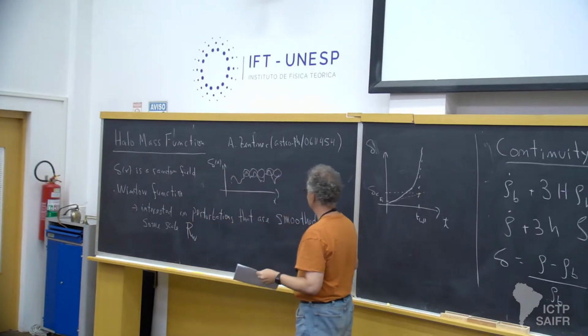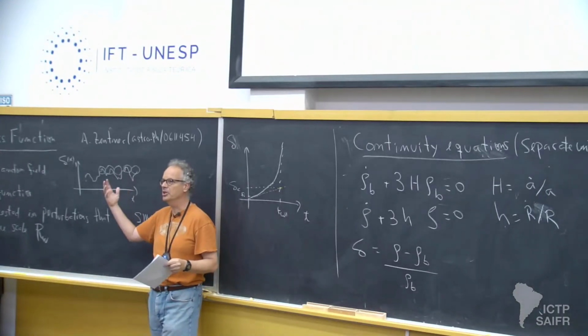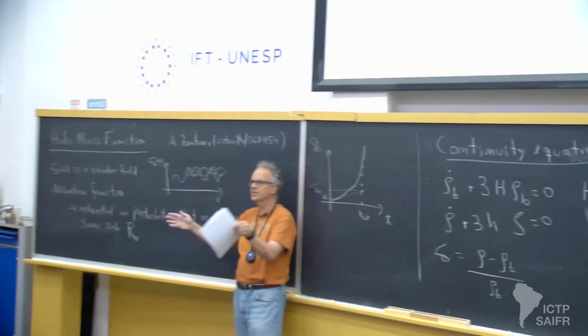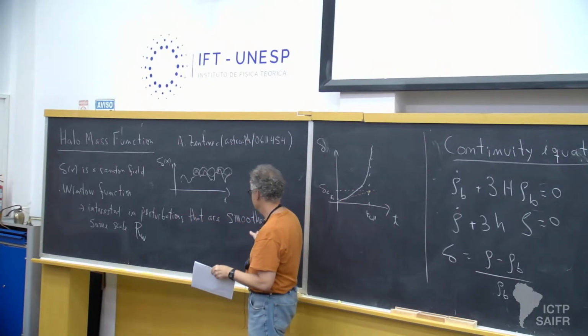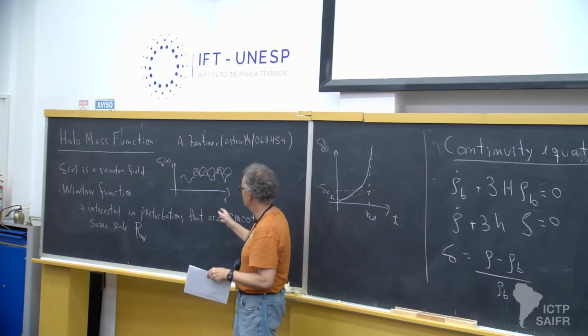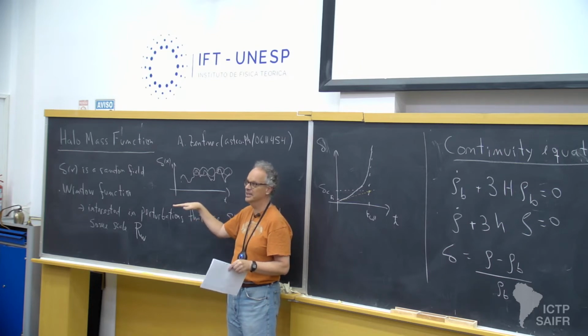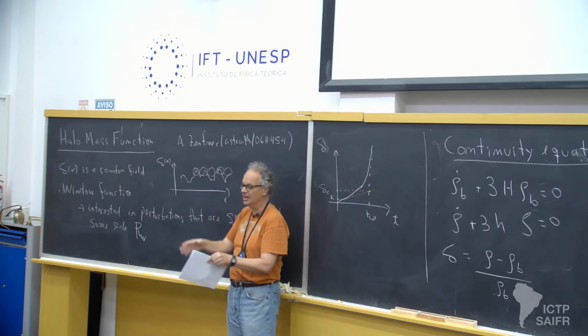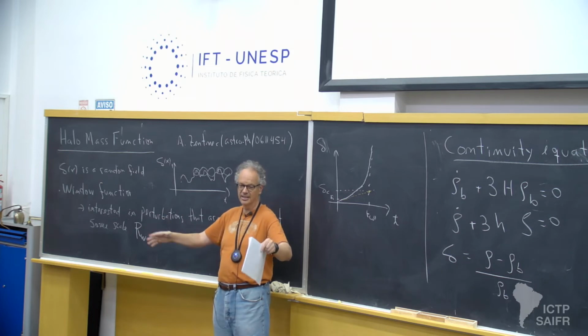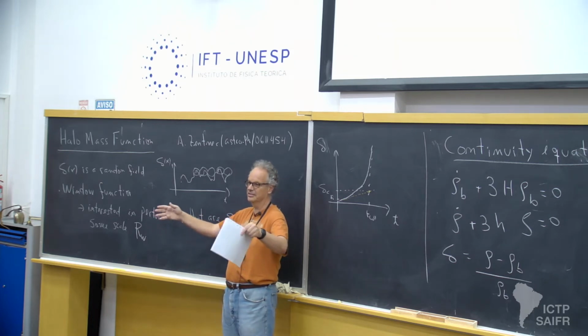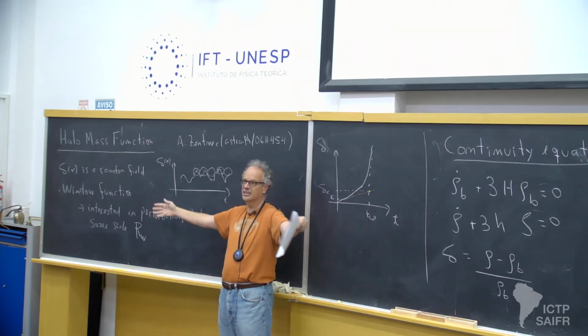Just to see if you can develop an intuition: the larger the smoothing scale, what do you think is going to happen with the field in terms of fluctuations? It's going to fluctuate less, right? The larger the scale you're looking at, the fewer fluctuations the field will have, because you're smoothing at larger and larger scales.